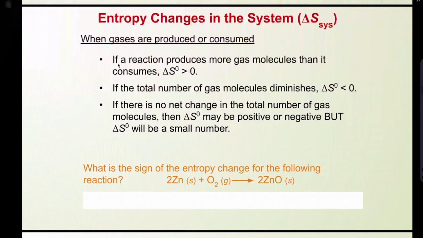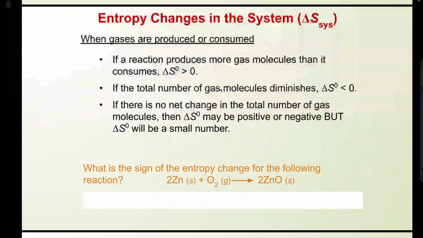So what are the factors that decide entropy change in chemical reactions? Well, if a reaction produces more gas moles than it consumes, i.e. the reactants have less moles of gas than the product, the entropy will increase.